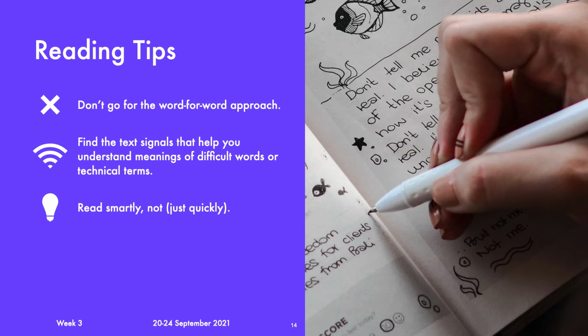And the next tip would be finding the text signals that help you understand meanings of difficult words or technical terms. So maybe one trick that I can give you would be, for those words that you don't understand, try ignoring them and see if you can still understand roughly the idea of the sentence or the paragraph itself.